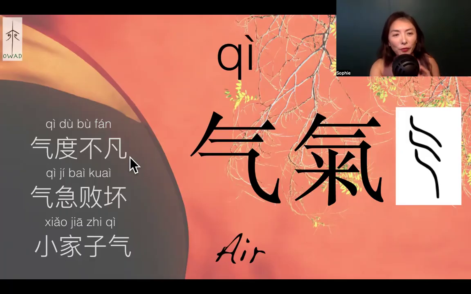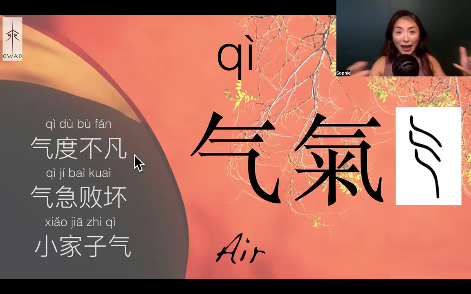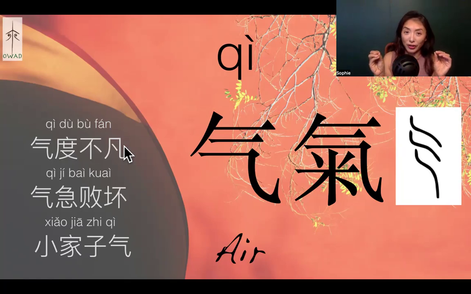Expressions: 气度不凡, the air, the degree of the air is not ordinary. So here we're talking about somebody's mannerism or somebody's vibe or aura, or in today's Gen Z lingo, the riz of somebody. When we say somebody is extraordinary, like not ordinary, okay, Chinese use negative plus ordinary to mean extraordinary because ordinary is a middle segment, right?